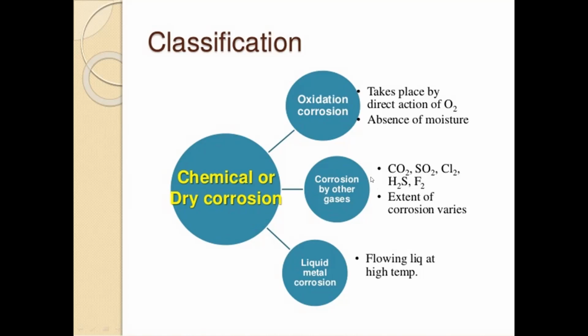So corrosion due to carbon dioxide, sulfur dioxide, chlorine, hydrogen sulfide, fluorine is called corrosion by other gases. The extent of this corrosion varies; it depends upon which gas the corrosion occurs due to.